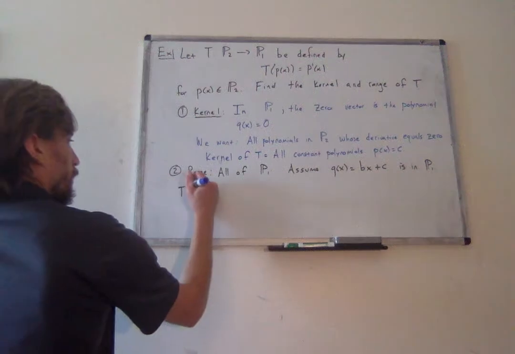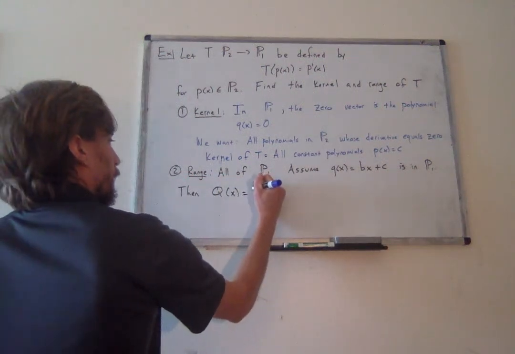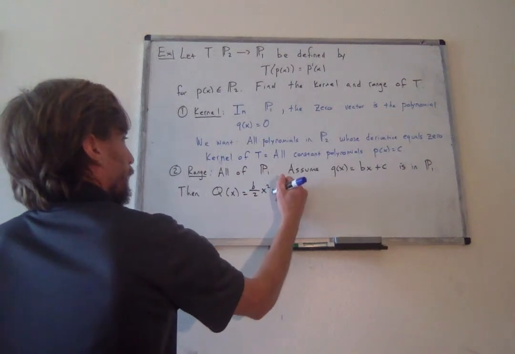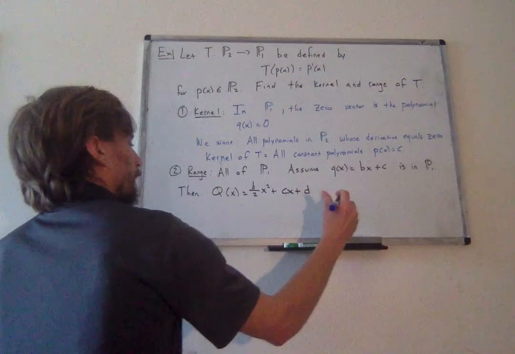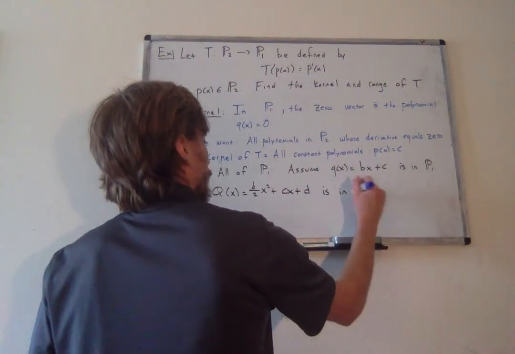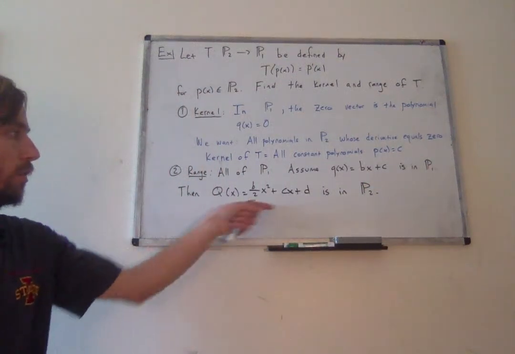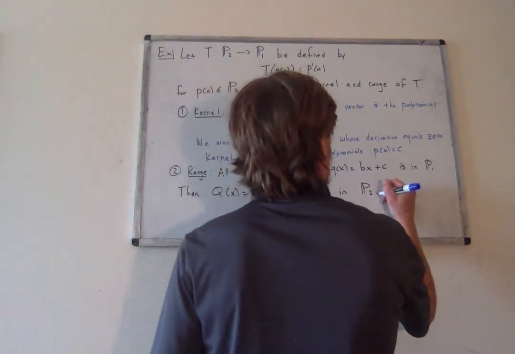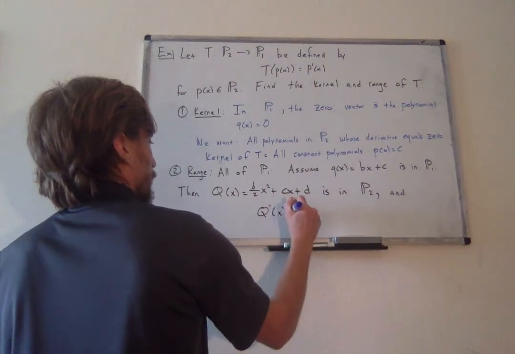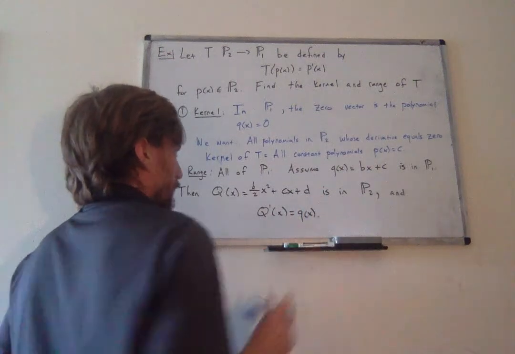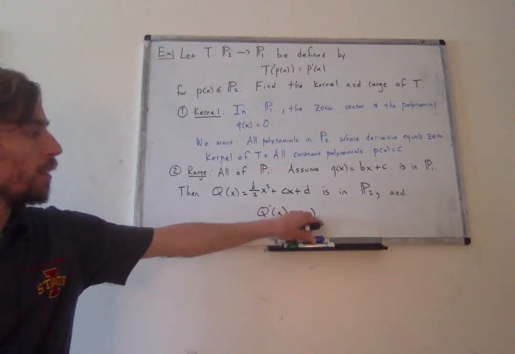Well, I can do a little bit of integration. This polynomial Q of x is in P2, and Q prime of x is equal to little q of x. So that would be the kernel and the range of this map.